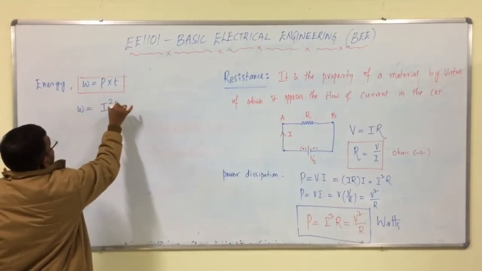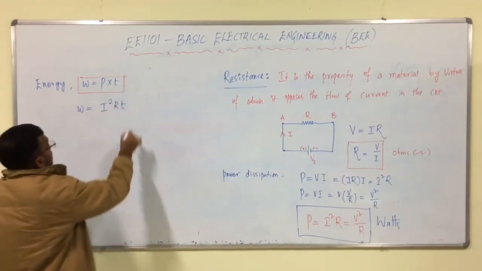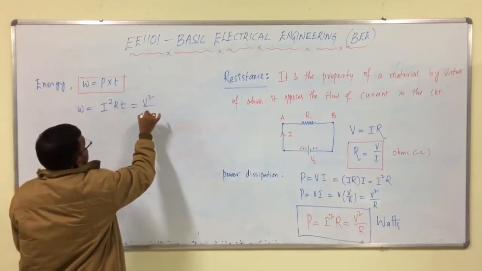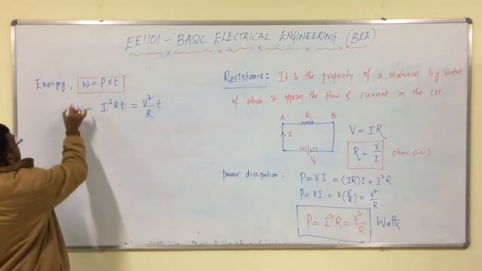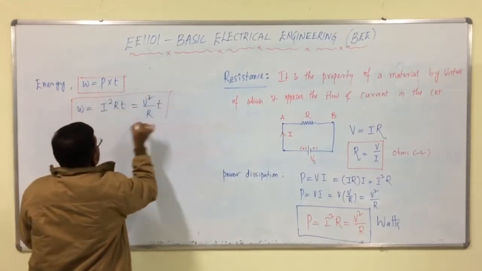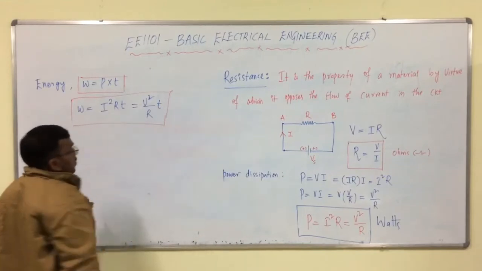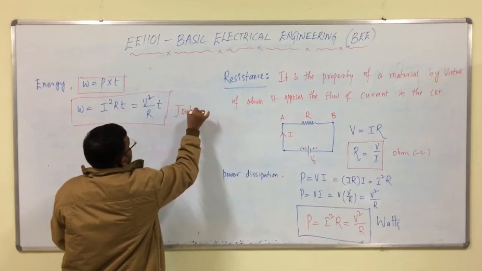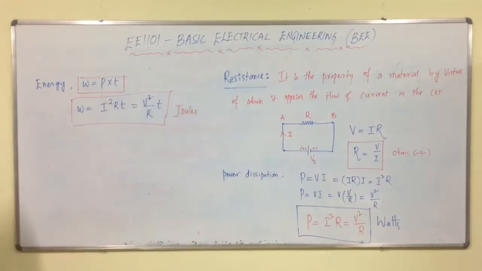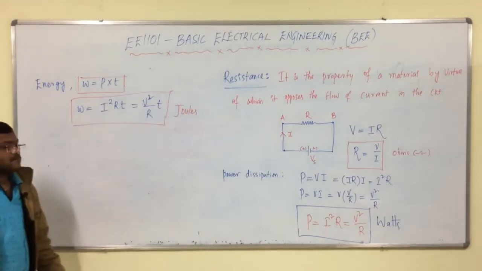I square into R into T, which is equals to V square by R into T. What are the units of this energy? Joules. Joules, no?